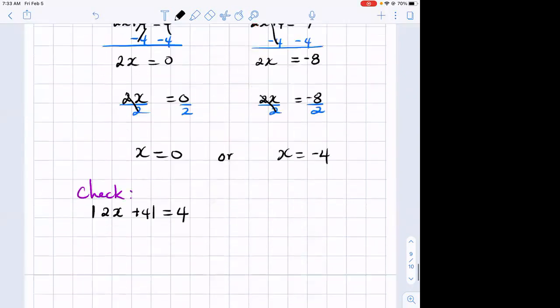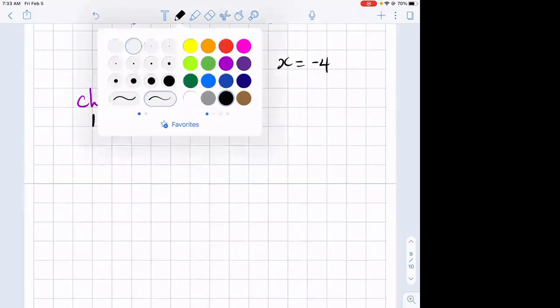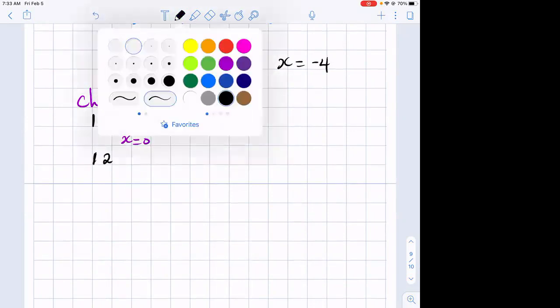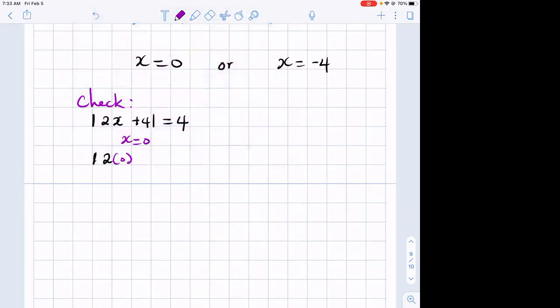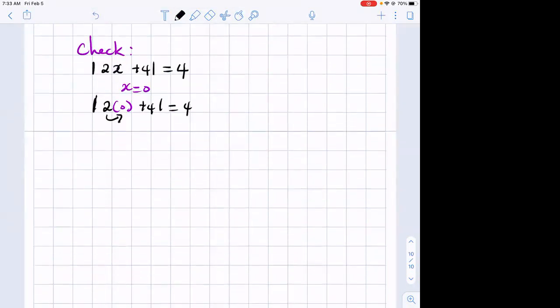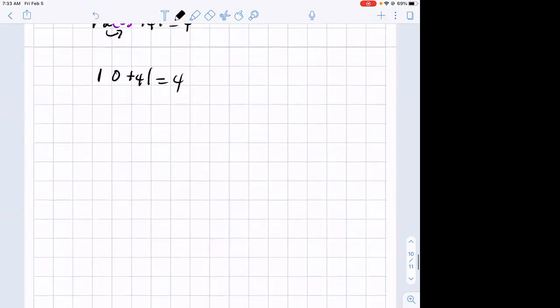Okay. So now we want to check when x is equal to 0. So if we do this, we have the absolute value of 2. We're going to plug in x to be 0 plus 4 and see if that's equal to 4. 2 times 0 becomes 0 plus 4, and 0 plus 4 is 4.